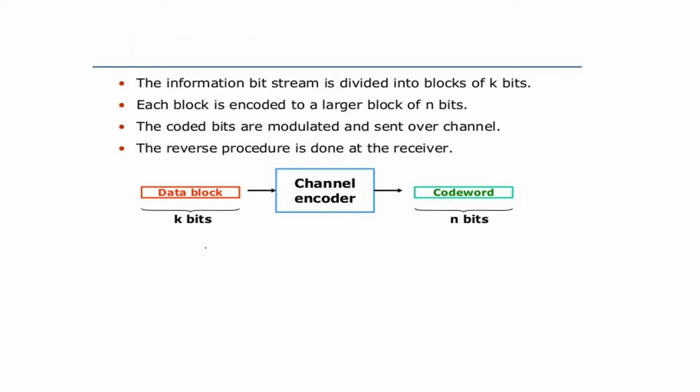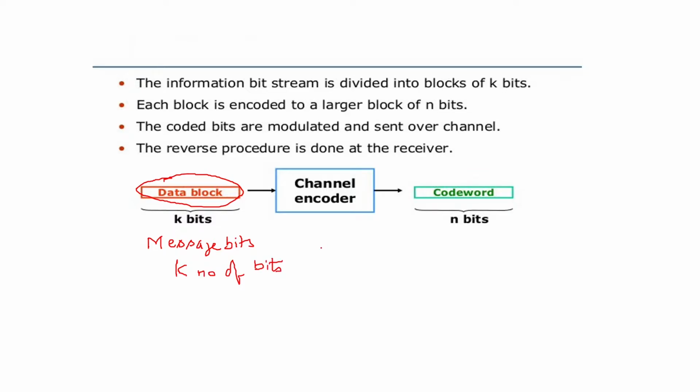Okay. Then if you go to see the block code, how you are going to make that block. Say for example, this is the data block what you have shown here. So this data block is say your message bits, and the number of message bits is say k. There are k number of bits.